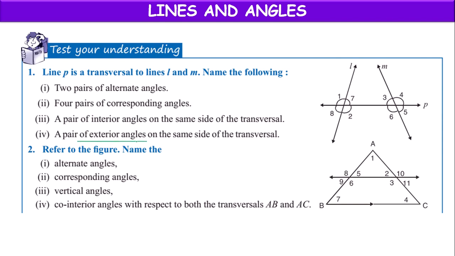A pair of exterior angles on the same side of transversal, same side but exterior. 8, 5 are on the same side, but exterior. These 2 are called co-exterior angles. Co-exterior angles, 8, 5.